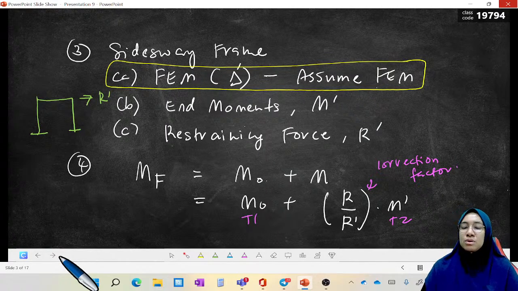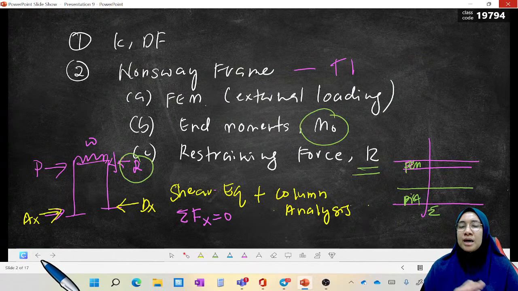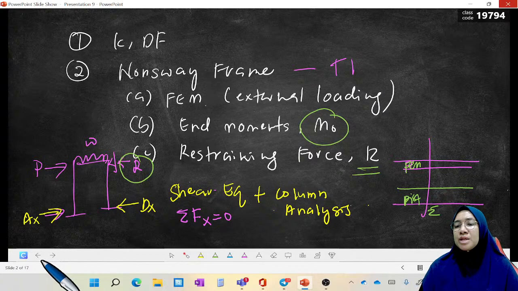Step number 2 will be no problem because the FEM we can calculate easily. If it is subjected to W, we can calculate using WL squared over 12. If it is subjected to a point load at the center, we can calculate using PL over 8.